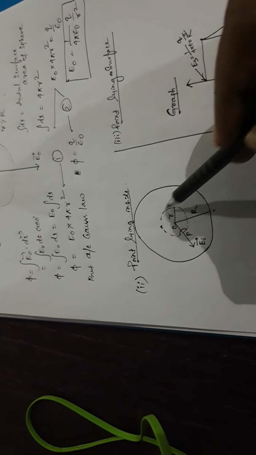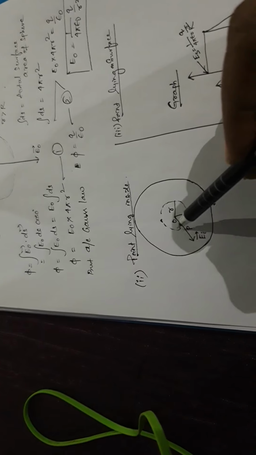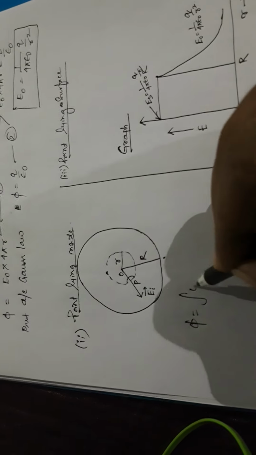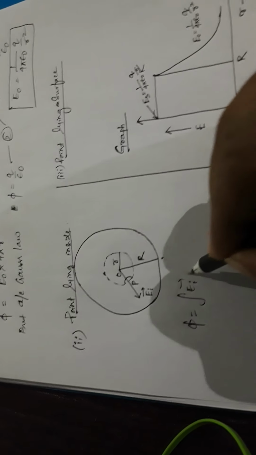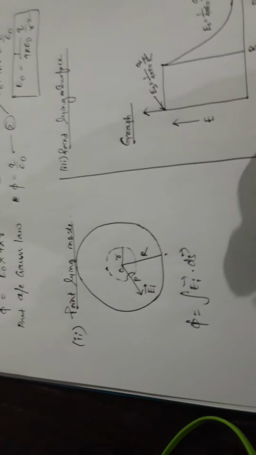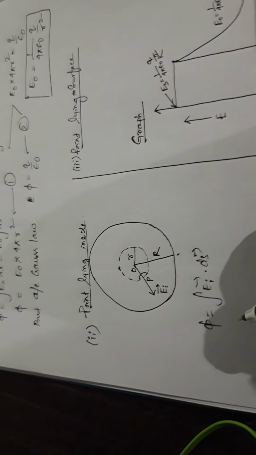Now imagine a Gaussian surface to be a sphere of radius small r, such that the point P is lying on the Gaussian surface. Now here also we will calculate the electric flux, and electric flux phi is equal to integration of EI vector dot ds vector. I stands for inside, and here the field is radially outwards.